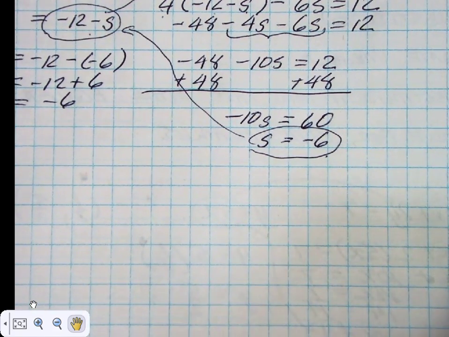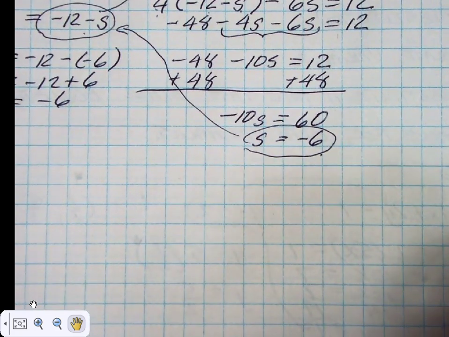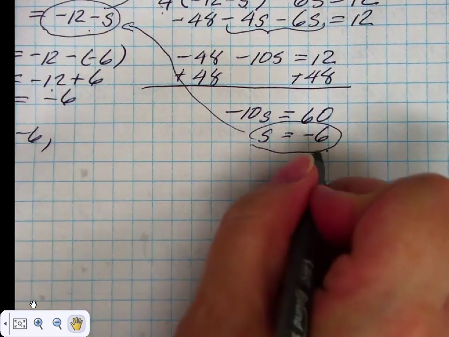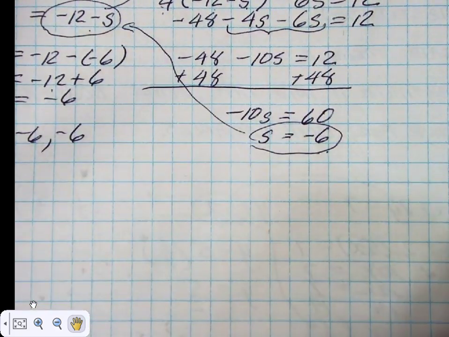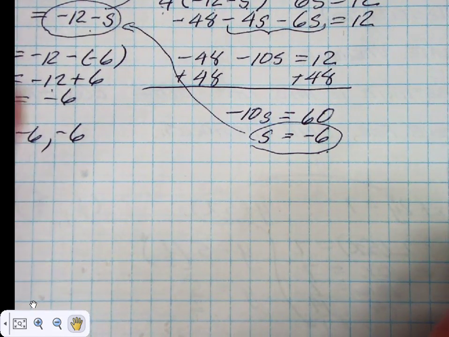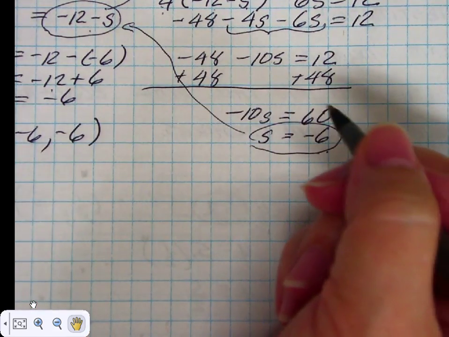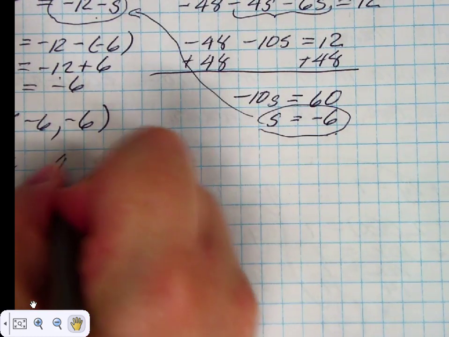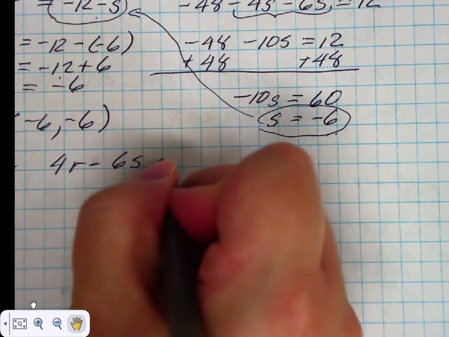All right, so now when you think of this as a coordinate, go in alphabetical order. So if I have r and s, let's see if this works. Remember, don't use the one that you just used, because that way you should always get the right answer. Use the other one. So if I check this, with this side, 4r minus 6s is equal to 12.